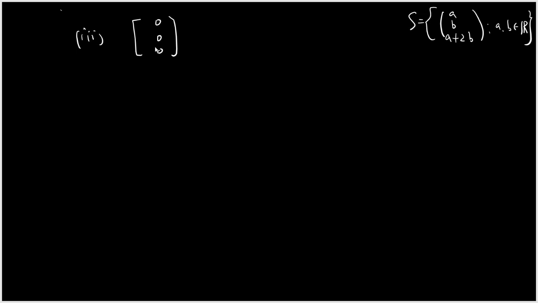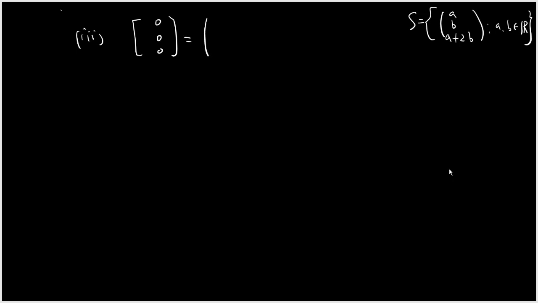The zero vector is a vector in R3. We want to show the zero vector is in S. Is the third component the first component plus twice the second component? Of course that's true.